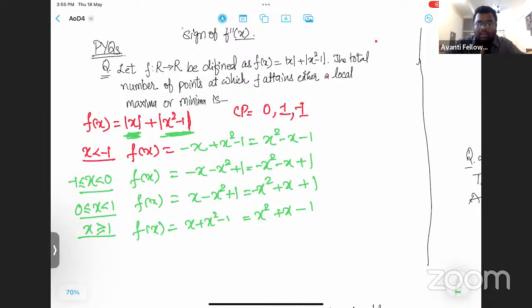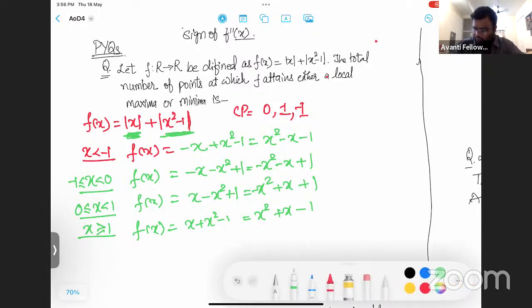So this can be a bit lengthy process. What is the smarter or more efficient way to do this particular question? If you look at the 4 functions, all the 4 functions are quadratic, right? And somehow we can draw a qualitative graph of these functions altogether, right? So let's draw the graph and maybe then we can get some idea.